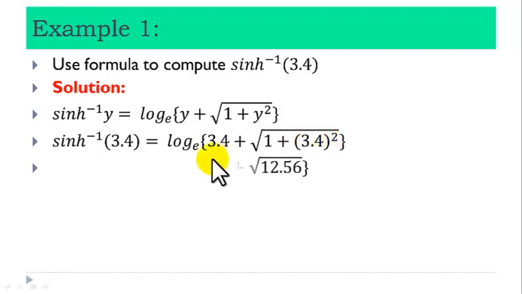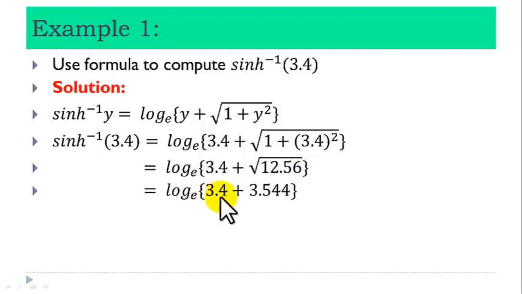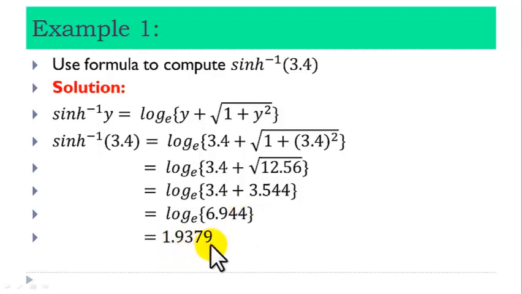And this is equal to the natural log of 3.4 plus the square root of 12.56, which is equal to the natural log of 3.4 plus 3.544, and this is equal to the natural log of 6.944. Either using a table or calculator, this will be 1.9379.